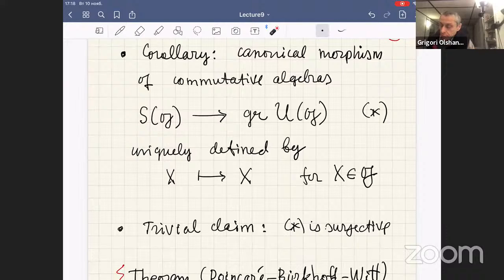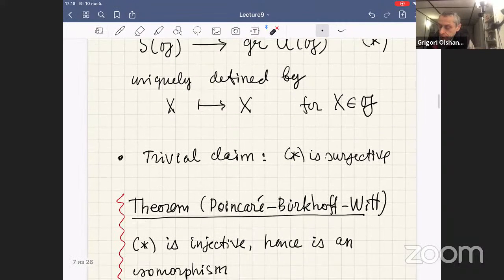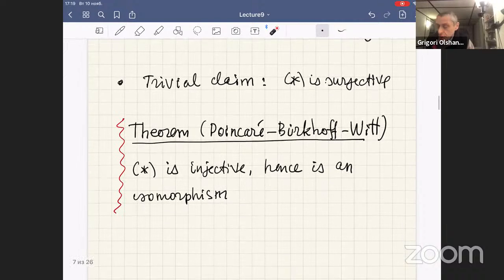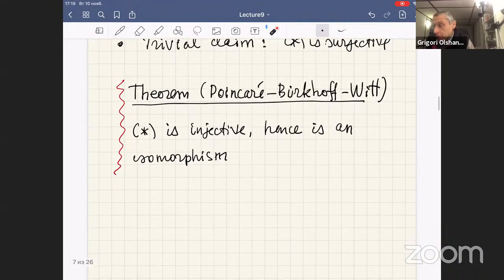This is trivial because these objects are generated by the Lie algebra elements. What is non-trivial is the PBW theorem, which says that this is in fact an injective map and hence an isomorphism. This seems to be also evident, but it's not. It requires some proof which is not at all trivial.